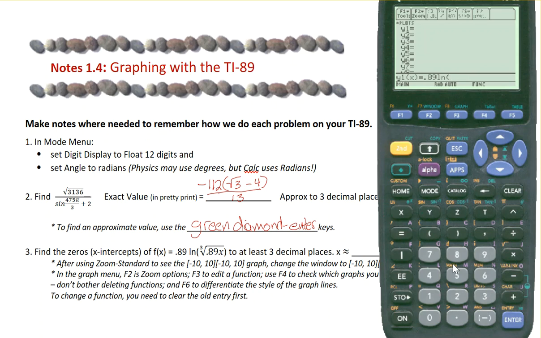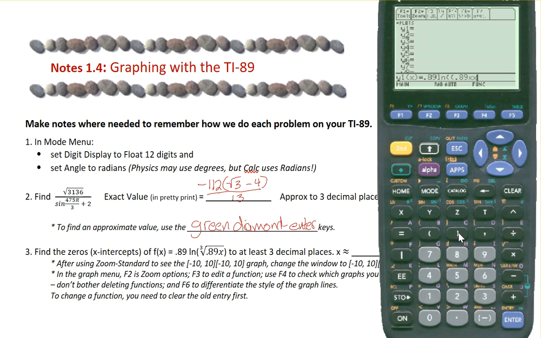Somewhere like in this math menu, there is a cube root button, but I honestly never remember where it is. So I always just use fractional exponents. So I'm going to put another set of parentheses here, 0.89, and x is the variable, so it's nice and handy.